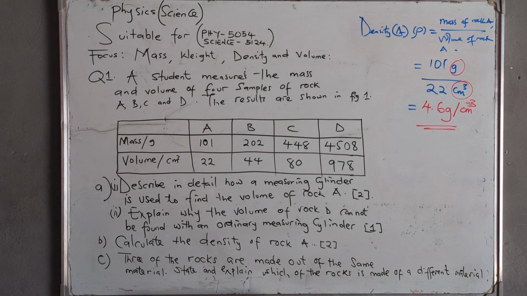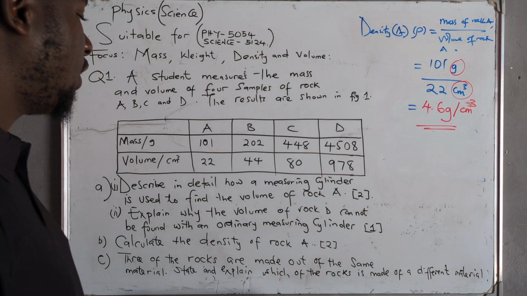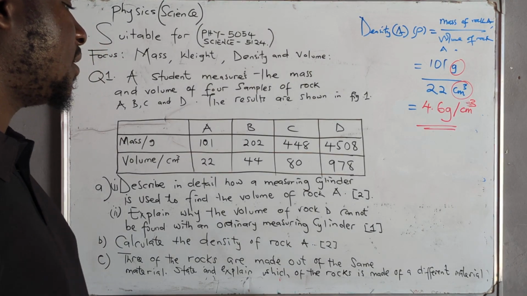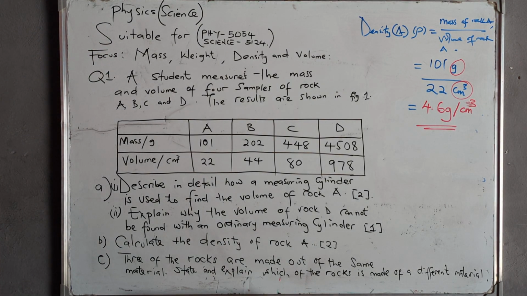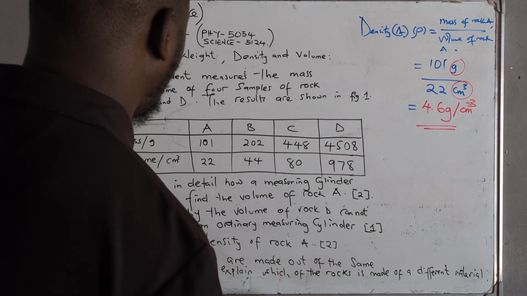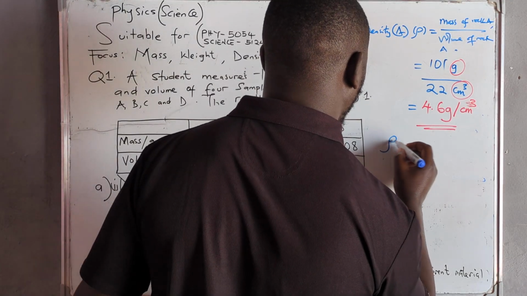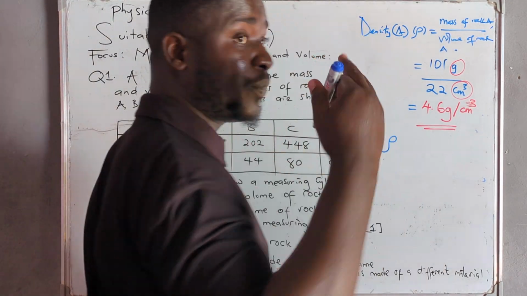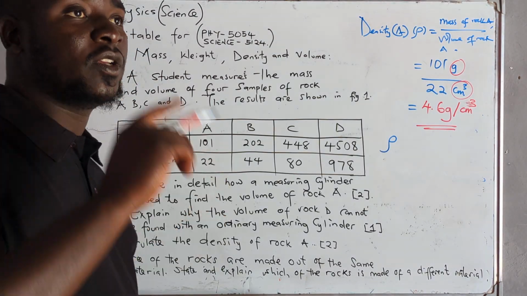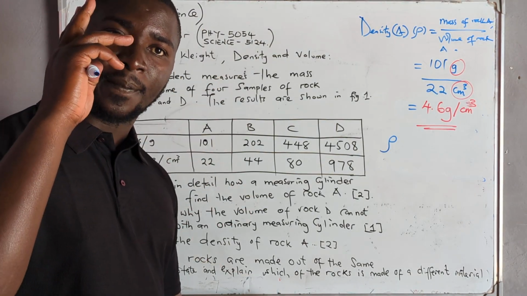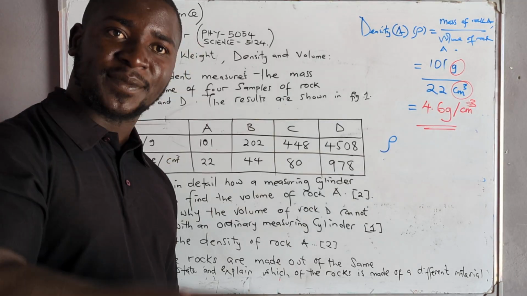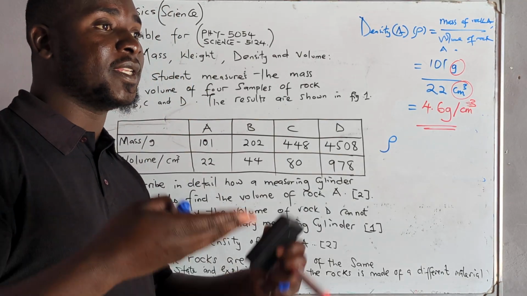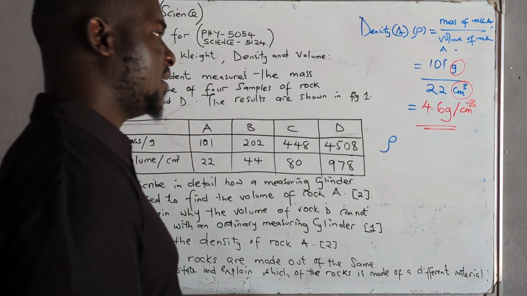Then part C says 3 of the rocks are made of the same material. State and explain which of the rocks is made out of a different material. So how do you determine that? This is very easy. One property of a substance that is going to tell you that these substances are made of the same material is the density.